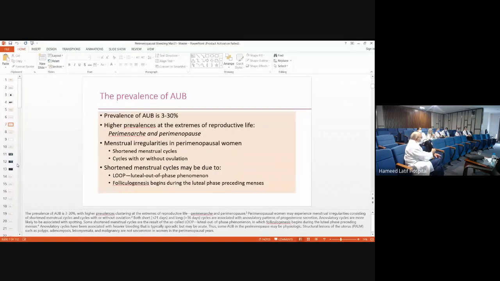So the follicles develop in the follicular phase. If the follicles start to develop in the luteal phase of the previous cycle, then their hormone production, estrogen production, etc., will be out of sync. When that is out of sync, that will result in this abnormal bleeding. So, out of sync hormone production because of abnormal response of the follicles to gonadotropins.